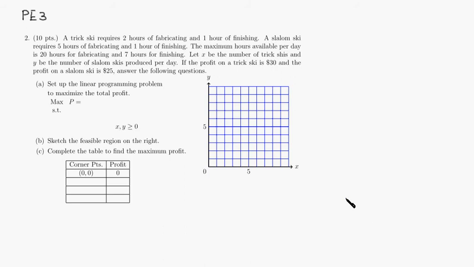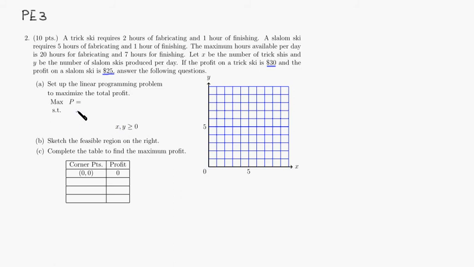Okay, let's look at practice exam number 3, problem number 2. First, let's look at the profit. The profit on a trick ski is $30 and the profit on a slalom ski is $25.